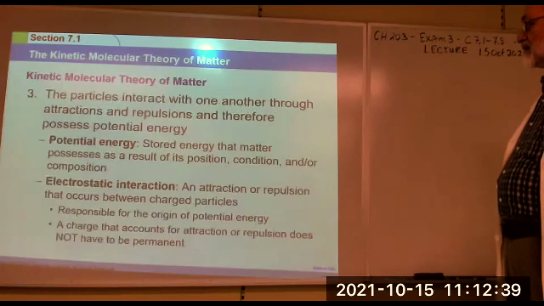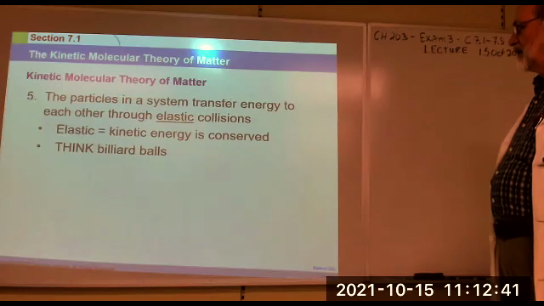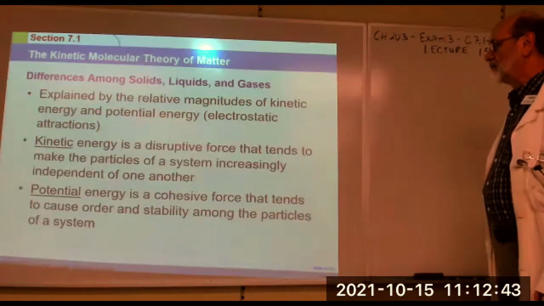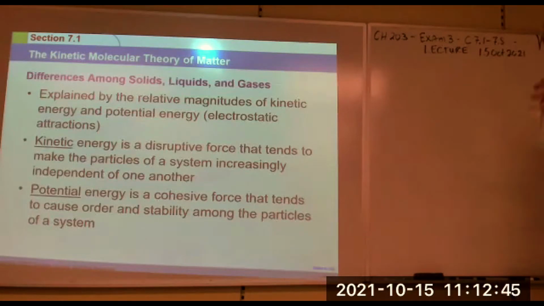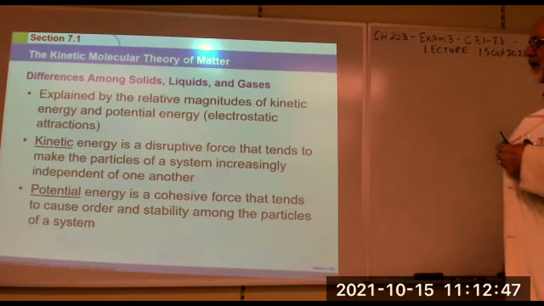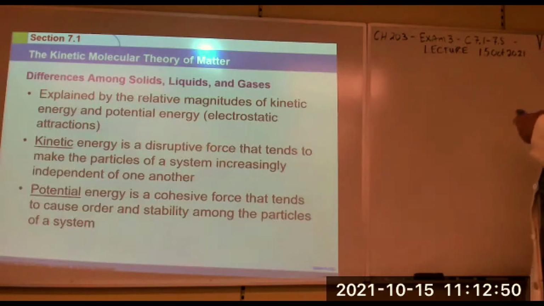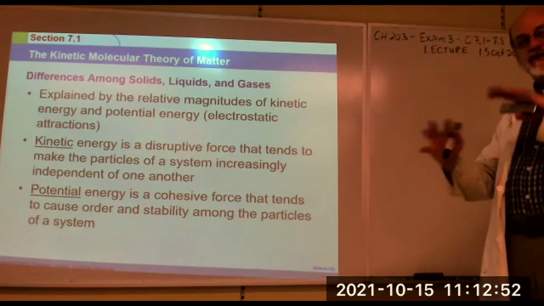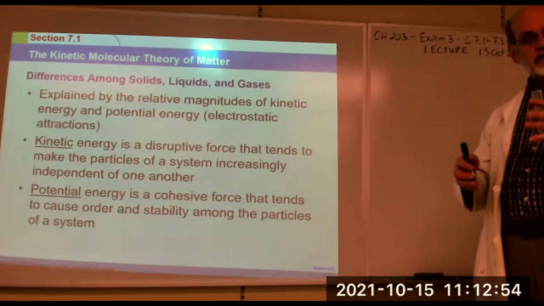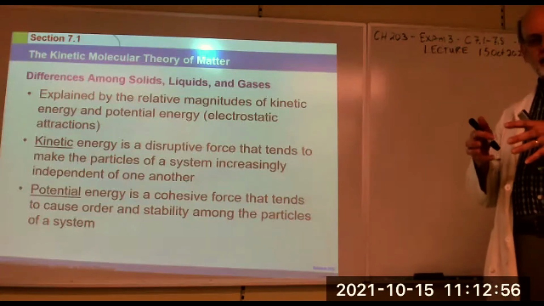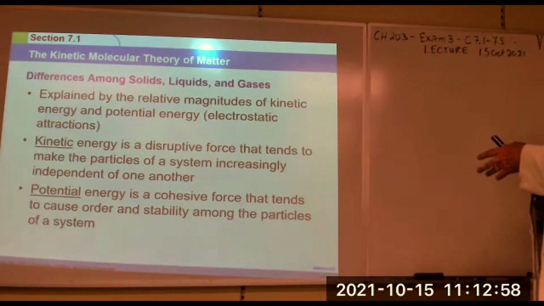Let's get back to the kinetic. Okay. So with that in mind, let's think of solids, liquids, and gases in terms of a balance between their potential energies and their kinetic energies.